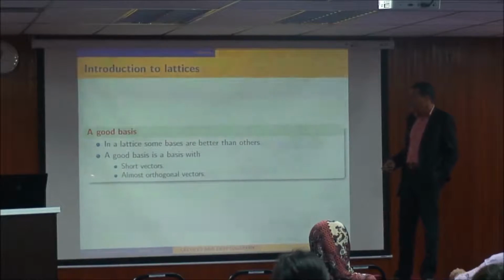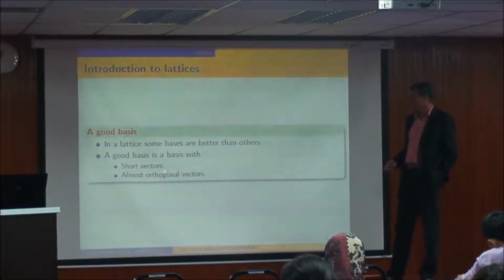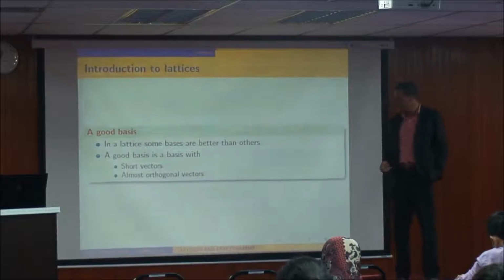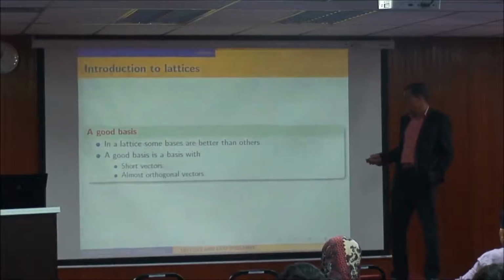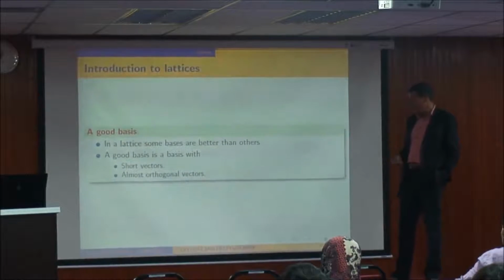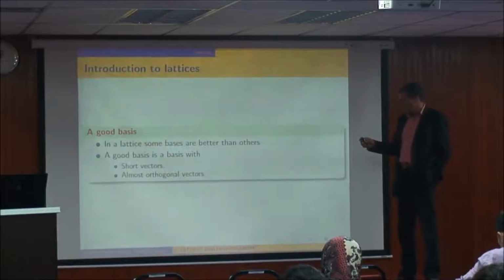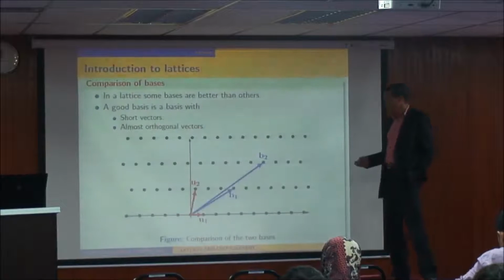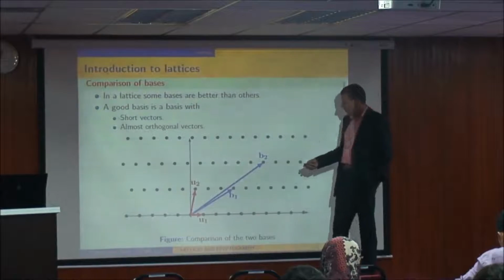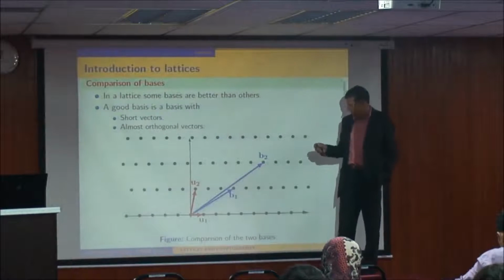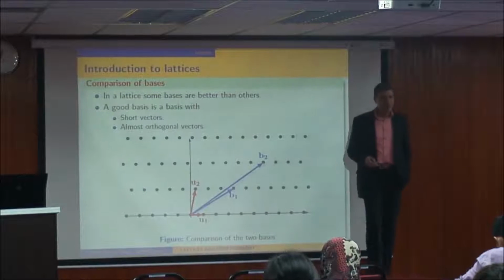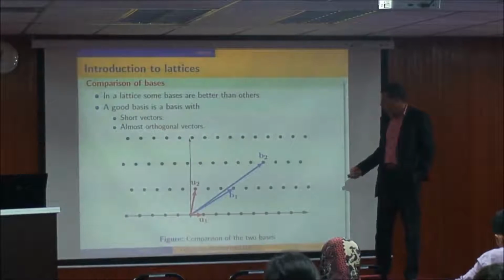So a good basis is a basis that has some properties. For example, for a good basis we need a short vector, or generally short vectors. Also we need almost orthogonal vectors. In this equation we can see that B1 and B2 are large, and B1 and B2 are not orthogonal.